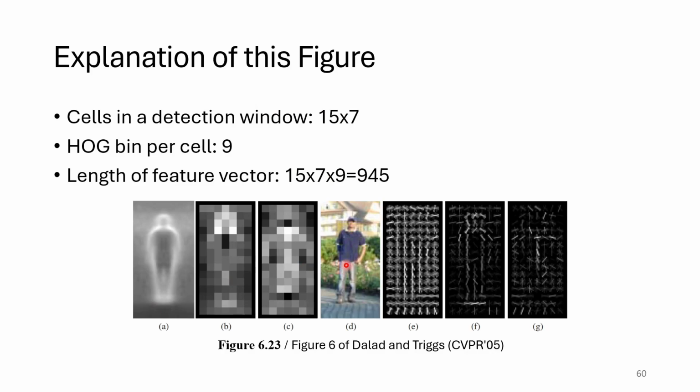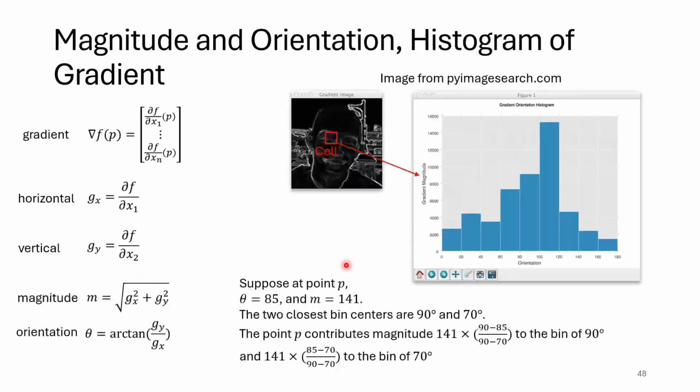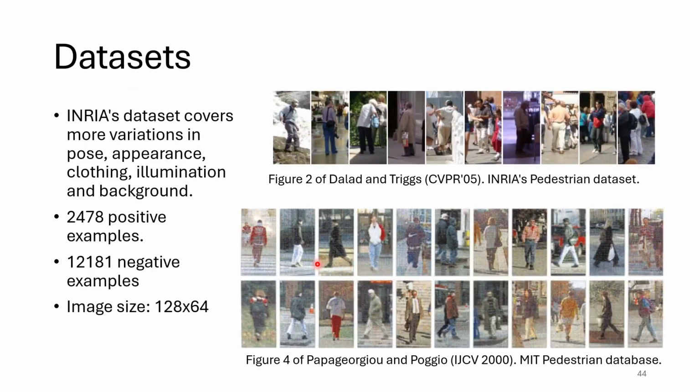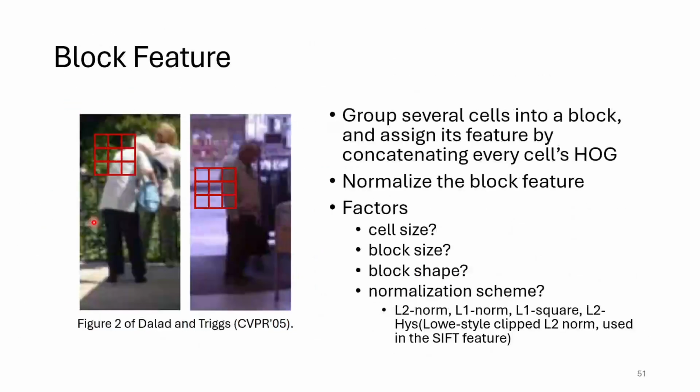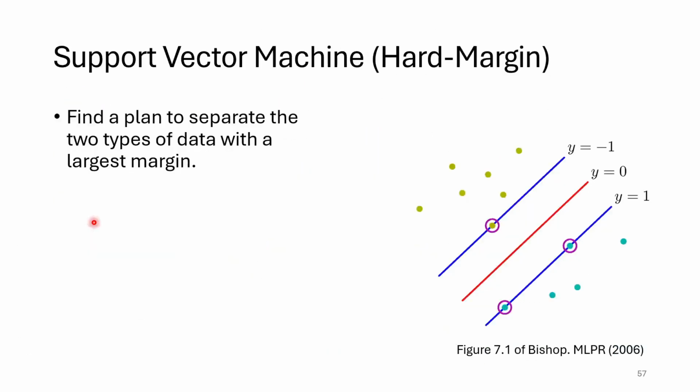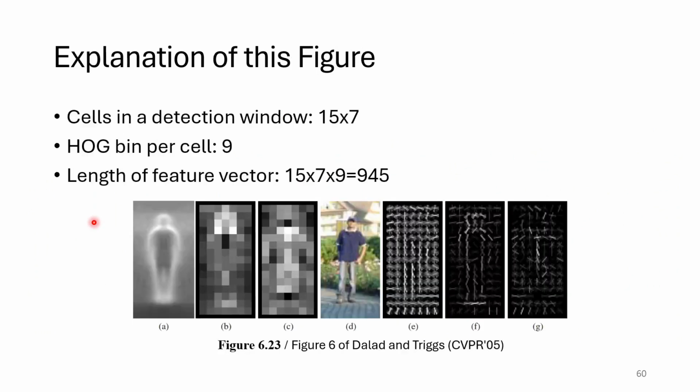As we can see, they have more than 2,300 positive examples. This means pedestrians. If they extract gradients from those training examples, they will create an image like this one. What does it mean? It means from their training examples, the shape of those pedestrians has a pattern.